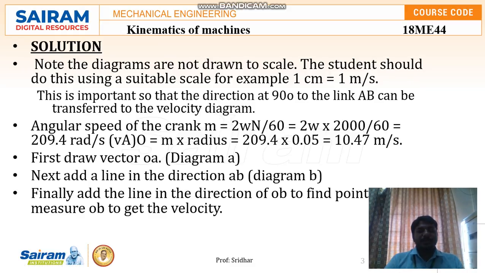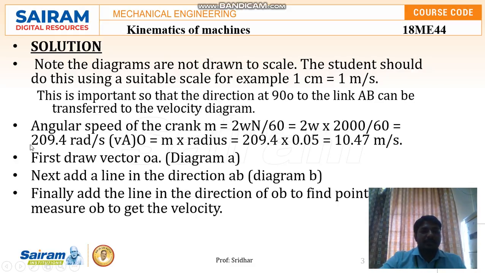One more important thing is that the direction at 90 degrees to the link AB can be transferred to the velocity diagram. After finding the values, we need to transfer them in the form of a velocity diagram.